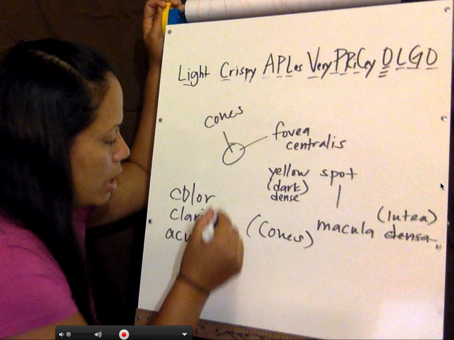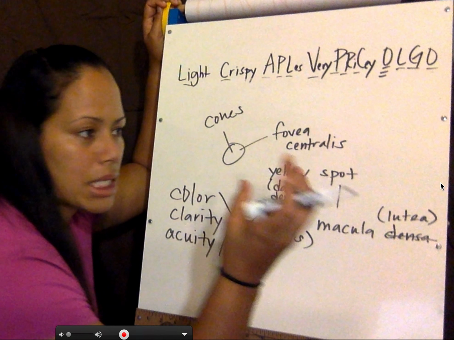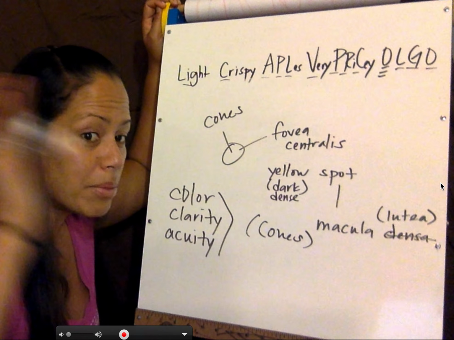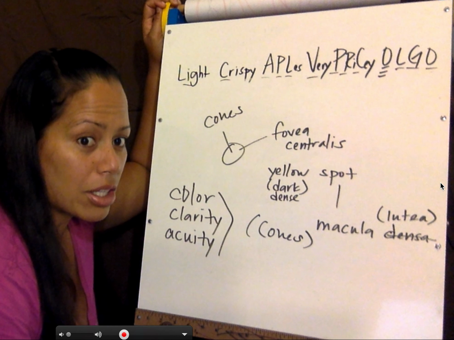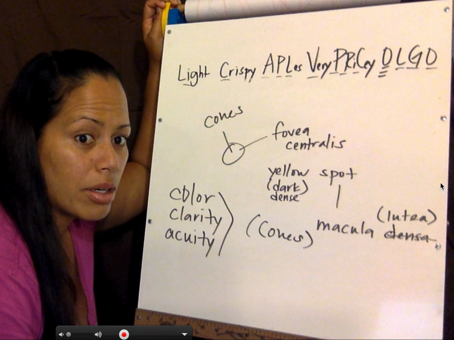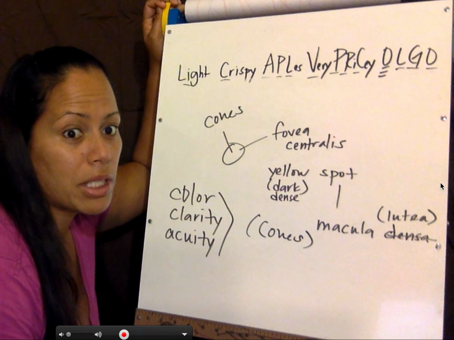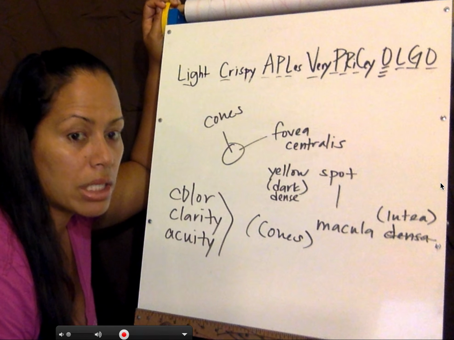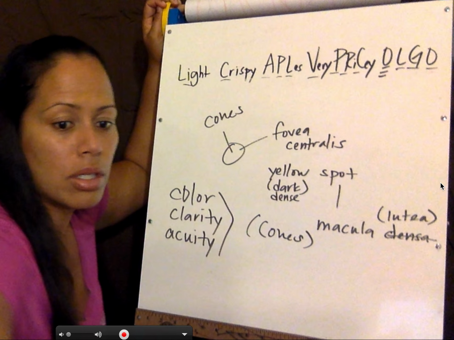So clarity means clearness, basically how distinguished you can get the features, right? If it doesn't fall on the fovea centralis, then what's going to happen to the image? What happens to peripheral image, the image that you see in the periphery? Is it clear or is it a little bit blurred? Typically it's blurred, right? You're not going to see it clearly until you actually look at an image.